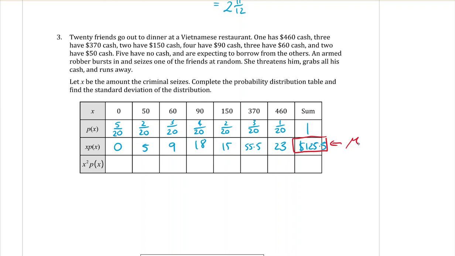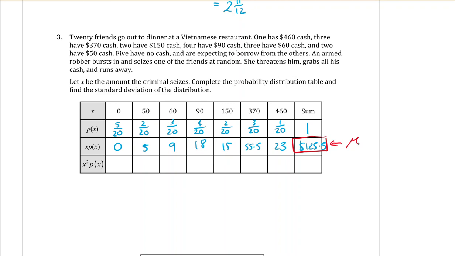So a thief coming in and randomly stealing someone's bag would expect to get 125.5. Do you know what that means when they say expect? If they were to do that same experiment over and over again, the average they would expect to get would be that 125.5.